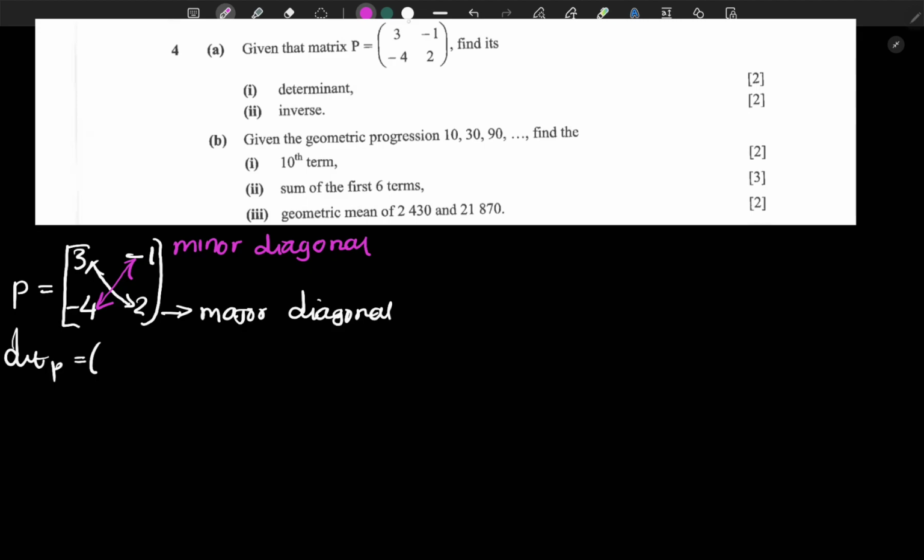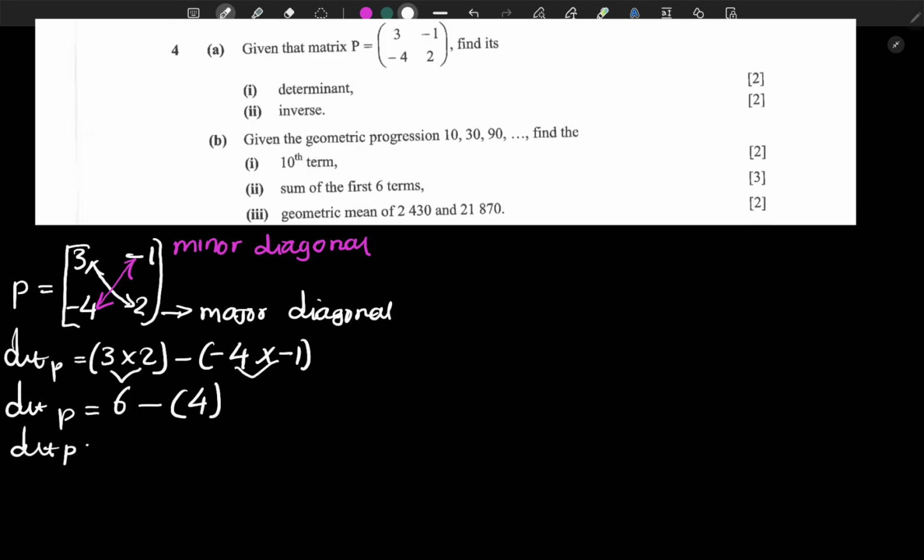So to find the determinant, we are supposed to multiply 3 with 2 in the major diagonal, subtracted by -4 times -1 in the minor diagonal. Determinant of P is equal to 3 times 2 will give us a +6 minus -4 times -1 will give us a +4.